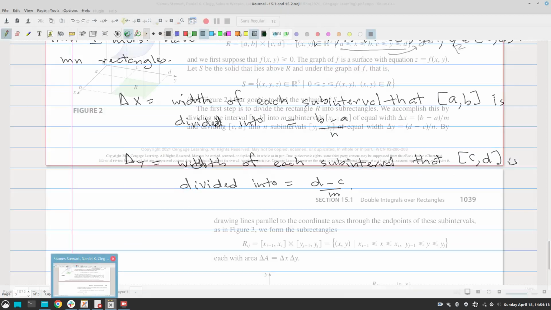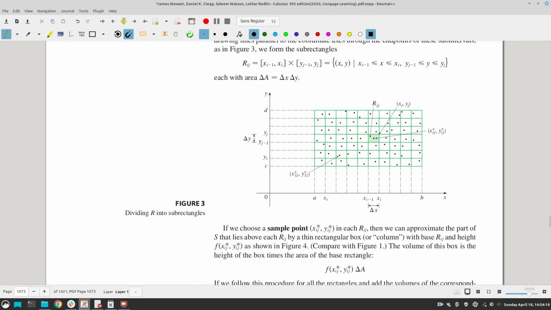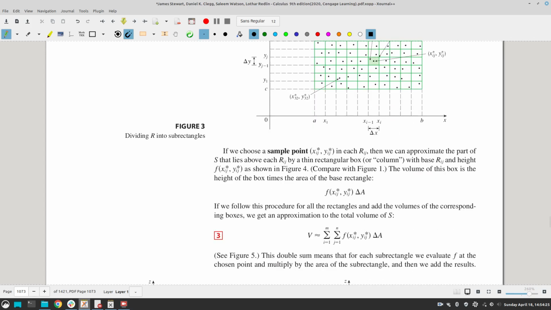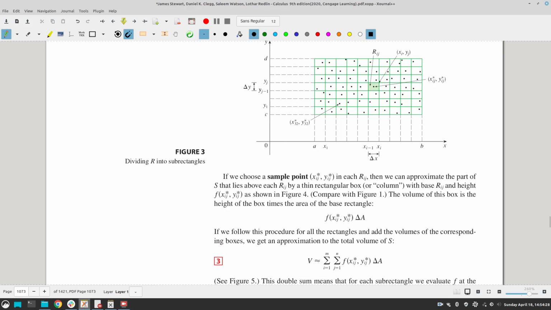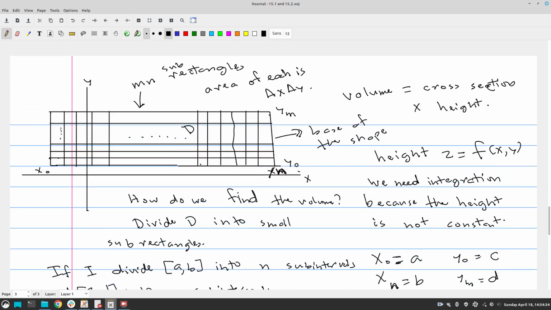So let's do a Riemann sum. This region here, each of these rectangles, they form a grid, right?